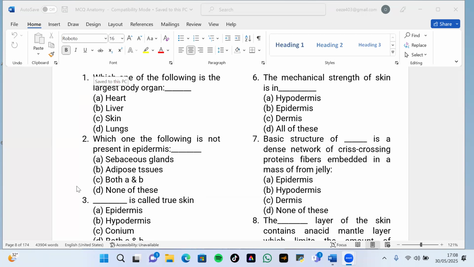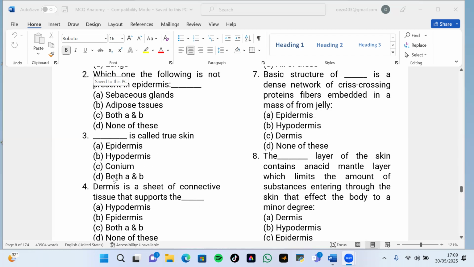The right answer is C, both A and B. In the skin, you are going to find both the sebaceous gland, that is the oil gland, and the adipose tissue.